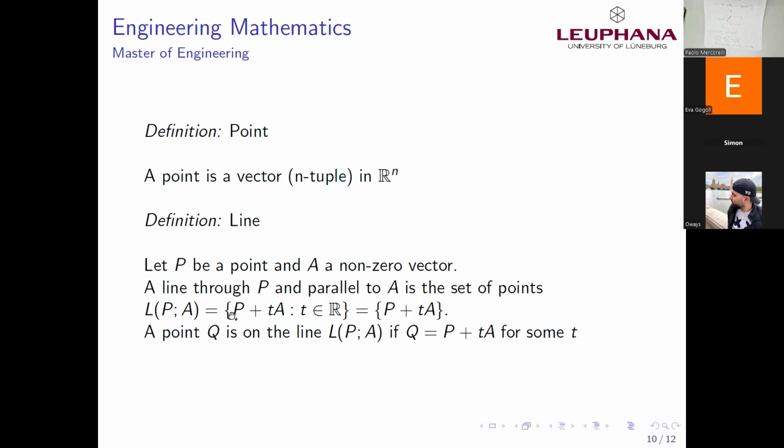This symbol here represents a set of points characterized by the point P, and please pay attention, plus T multiplied by A, in which T is the parameter which belongs to R. We can say in a more compact form that the line passing through P parallel to A is P plus TA. It's a little bit abstract, but when we apply this definition, it's extremely easy to build the line.